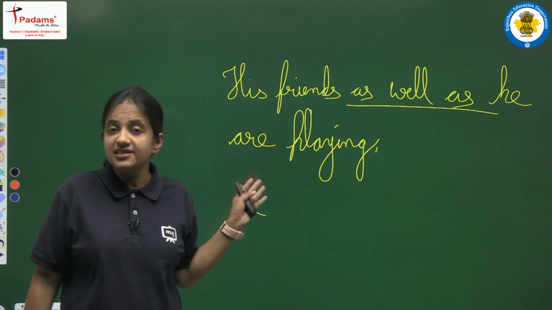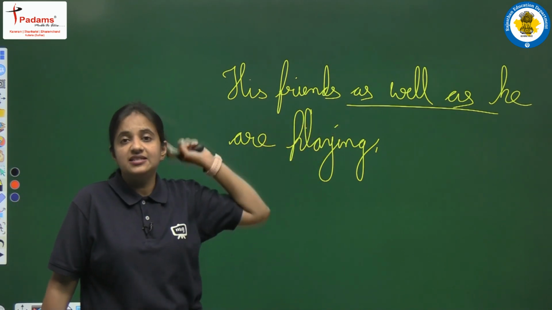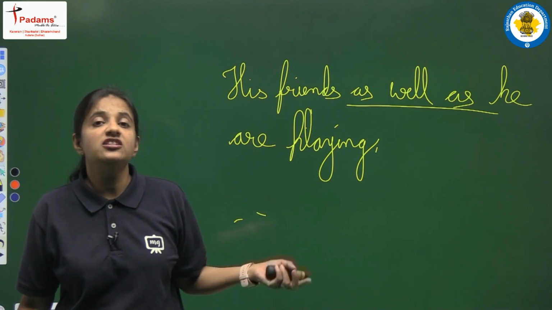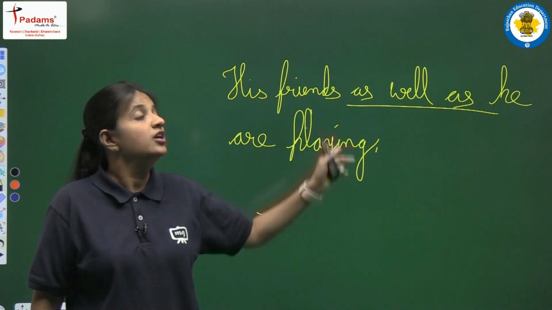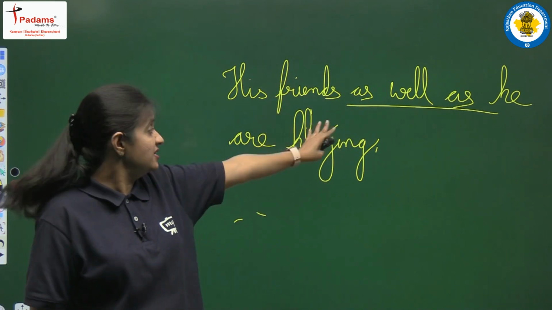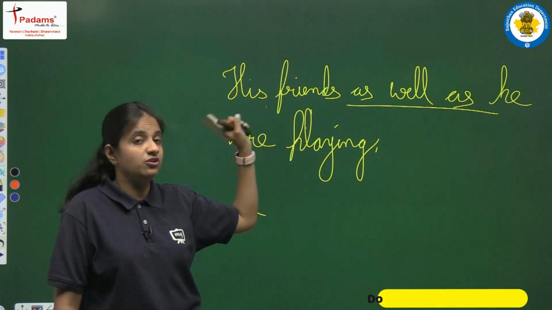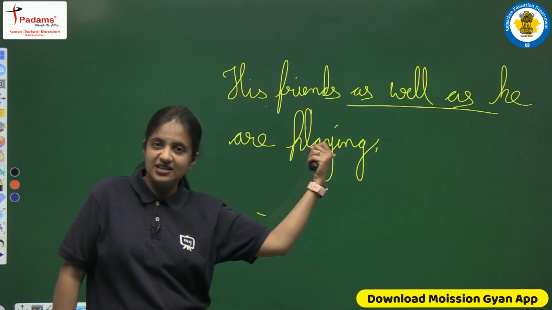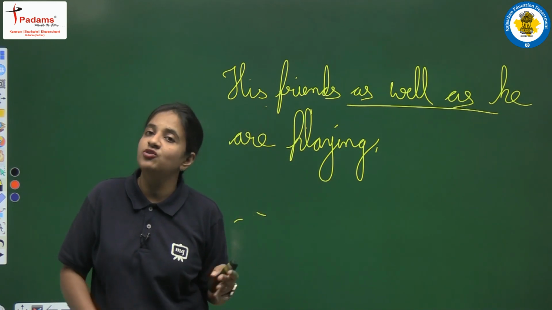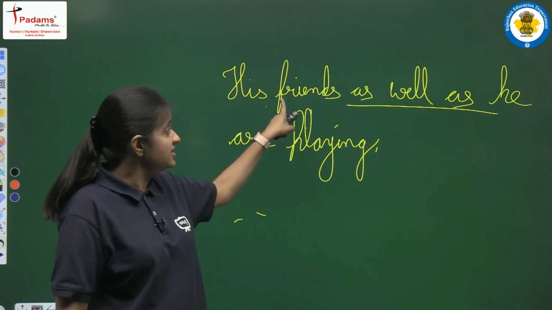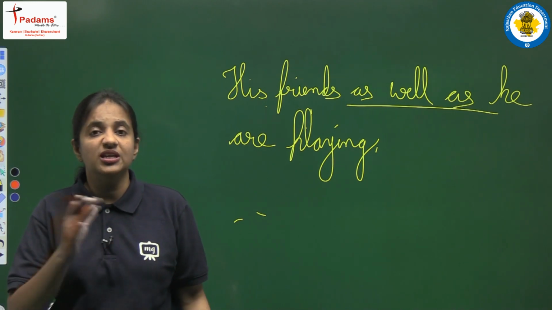So students, this is the thing that I want to make clear here: when we are using as well as as a conjunction to connect the subjects, don't get confused. Use the helping verb that is based on the first subject. If the first subject is singular, use the singular helping verb. But if the first subject is plural, then you have to use the helping verb used for the plural subject.